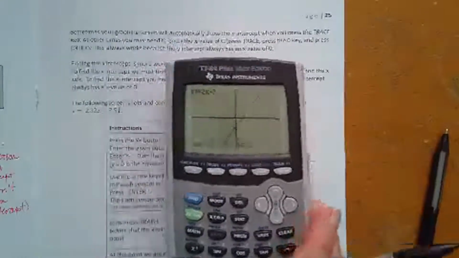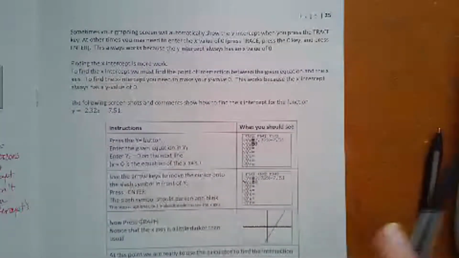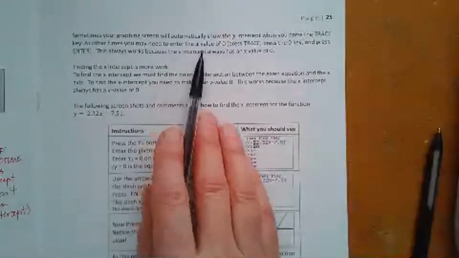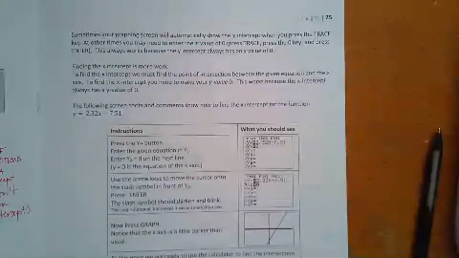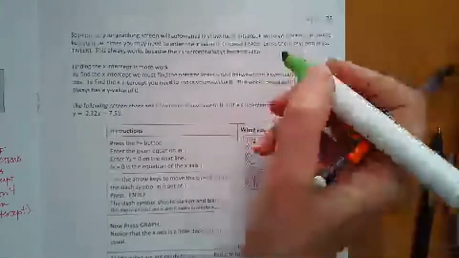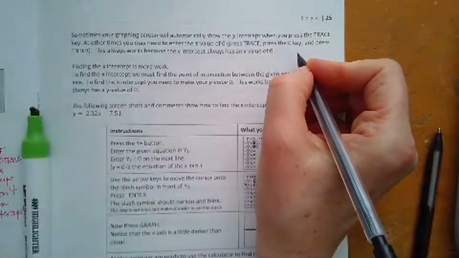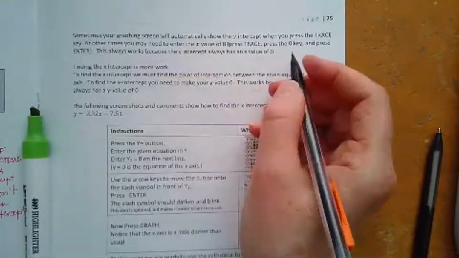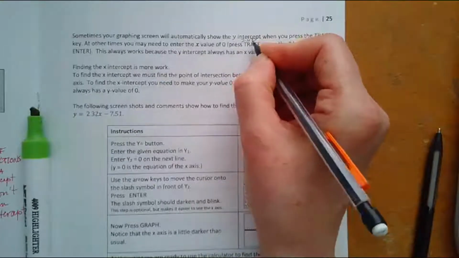All right, so let's try this. Other times you may need to enter the x value of 0, press trace, and press enter. This always works because the y-intercept always has an x value of 0. So press second trace.